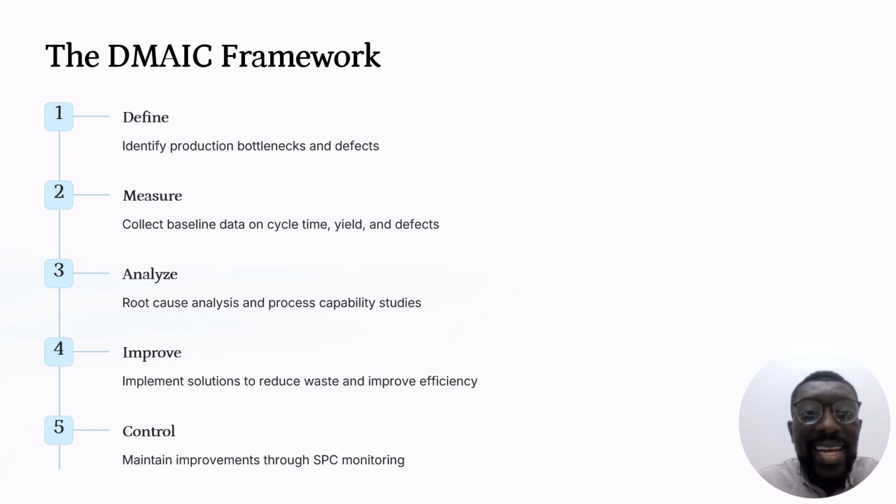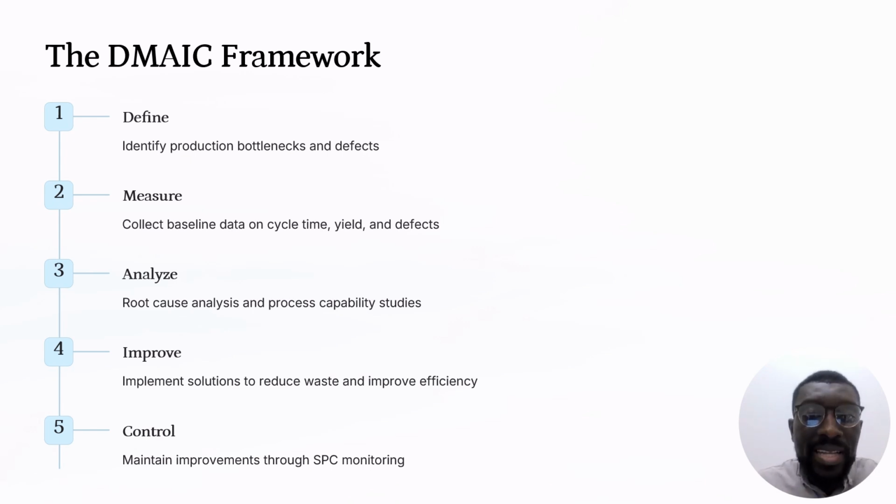And then the next, we define the framework, the DMAIC framework. So on the define phase, we have to identify what the production bottleneck and defect is. So when we have the quality, let's say the wafer, the production of the wafer, basically we encounter defects. So we have to define those measurements based on what the customer needs.